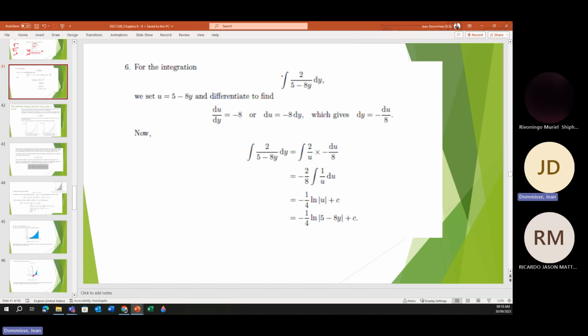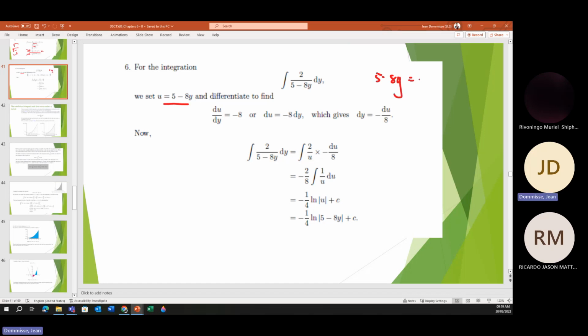Then the other one I also wanted to show is when we have two terms, and there's one at the bottom that has a negative term in it as well. So when we do this, we will make that 5 minus 8y.